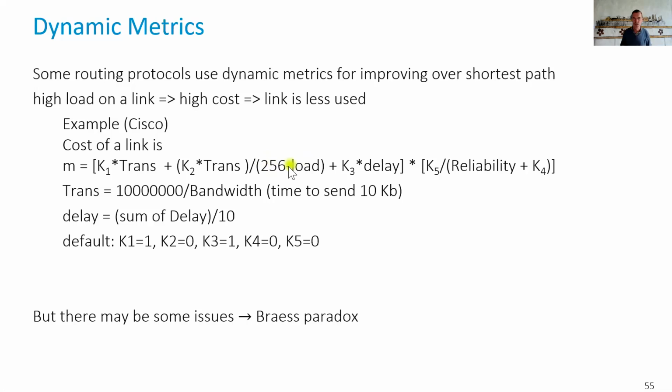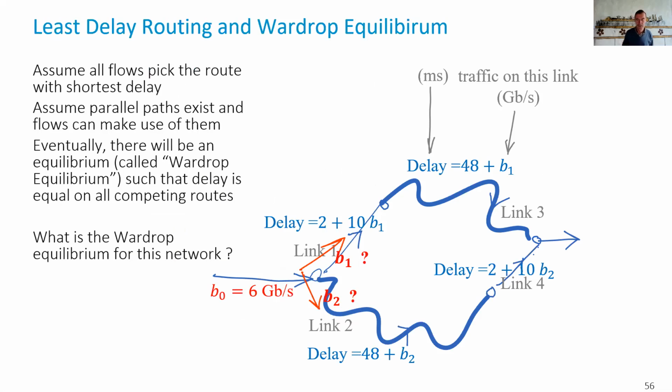So here 256 would be the max value of the load. So the load is quantized between 0 and 255. So to make this long formula short, here we try to give a higher cost when the delay on the link becomes larger. But there is an issue that we need to discuss.